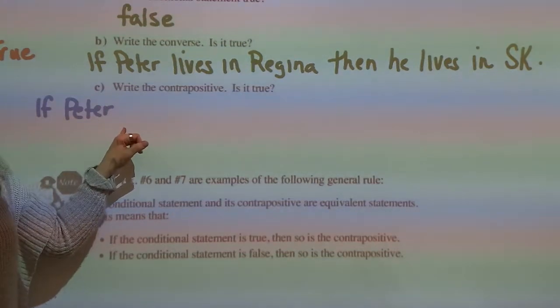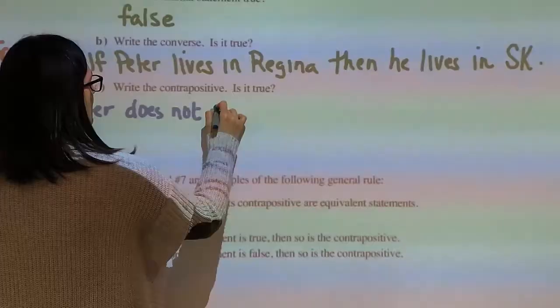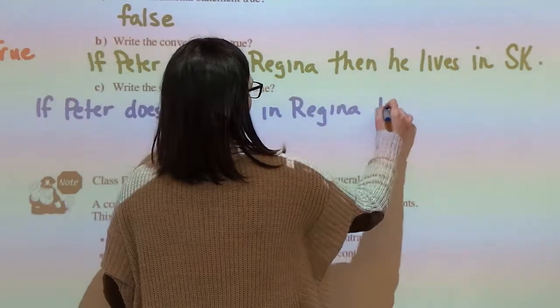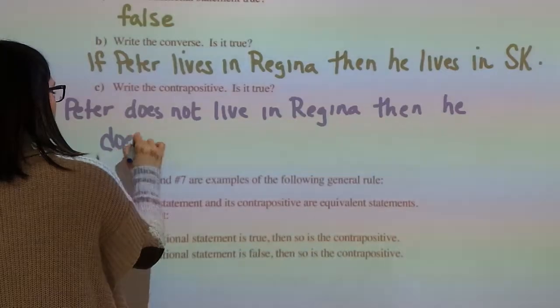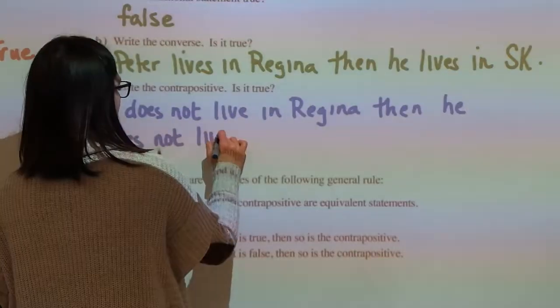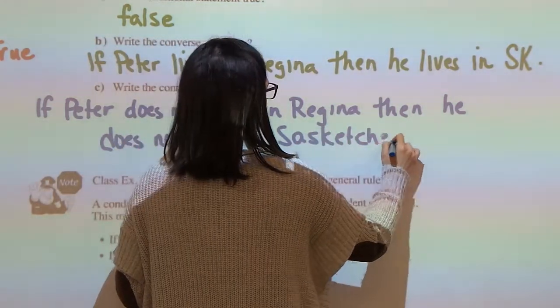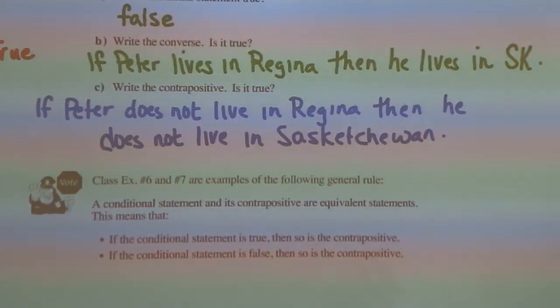So if Peter does not live in Regina, then he does not live in Saskatchewan. Is that true or false? That is false. If he doesn't live in Regina, could he live somewhere else and still be in Saskatchewan? Yes.